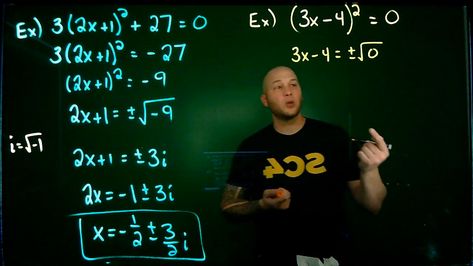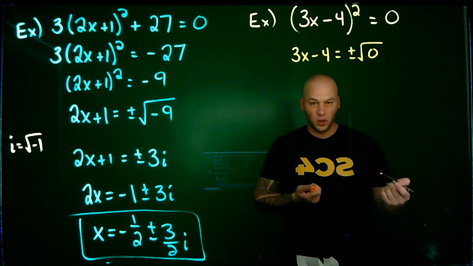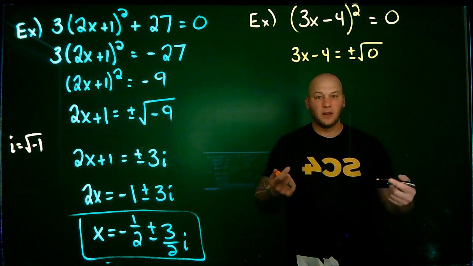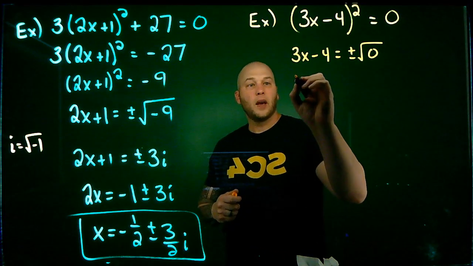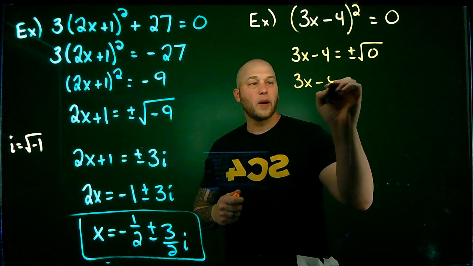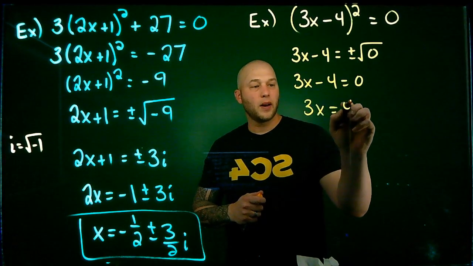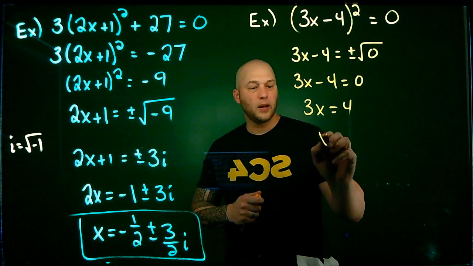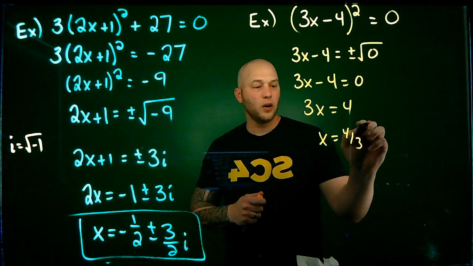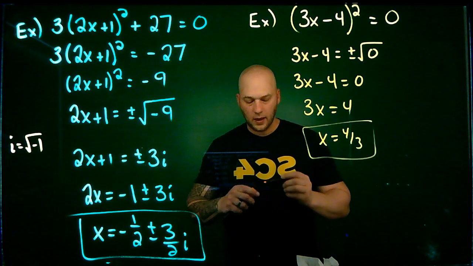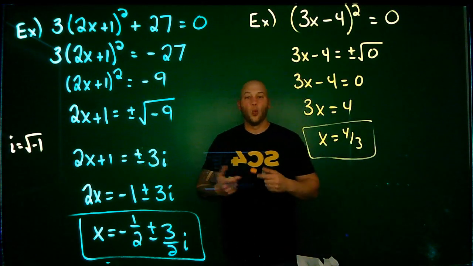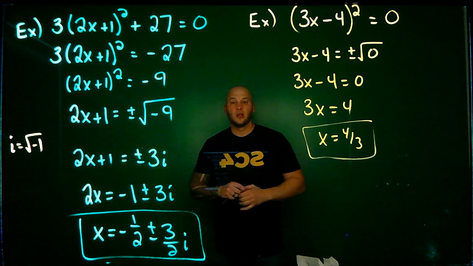Now remember, the square root of 0 is 0, and positive 0 and negative 0 are the same thing, and therefore this reduces to 3x minus 4 equals 0. Add 4, I get 3x is 4. Divide by 3, I get x is equal to 4/3. And as I said, it has one real solution.